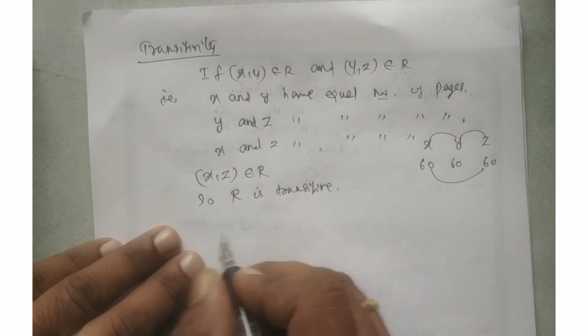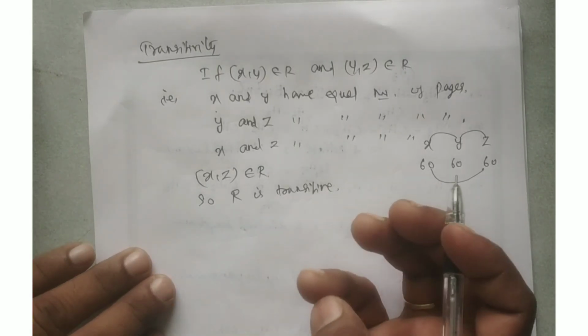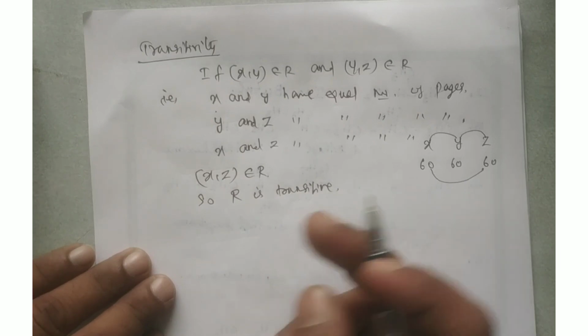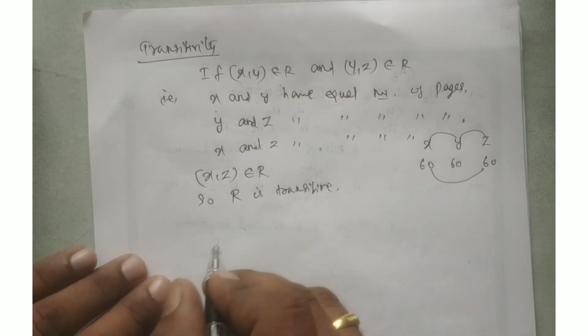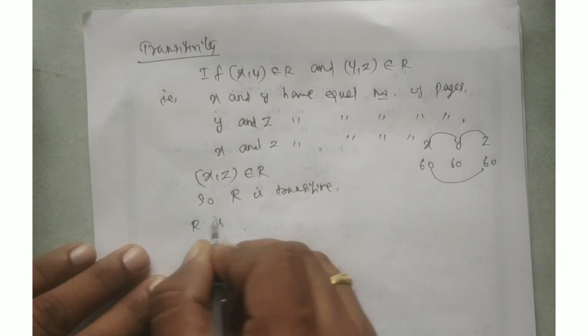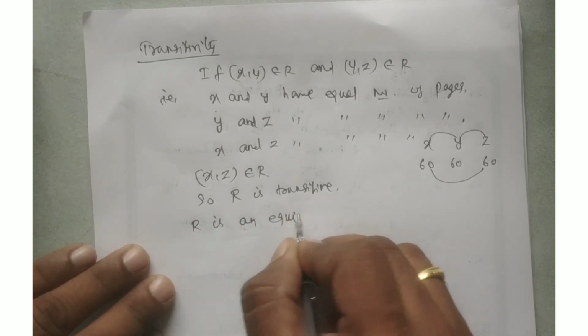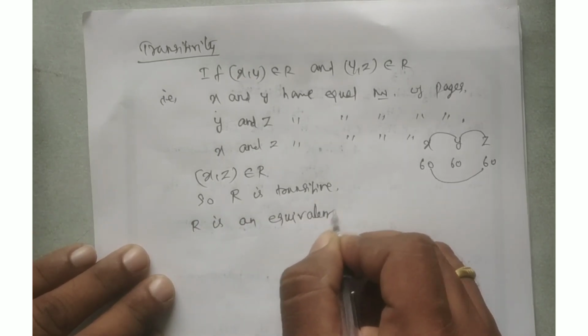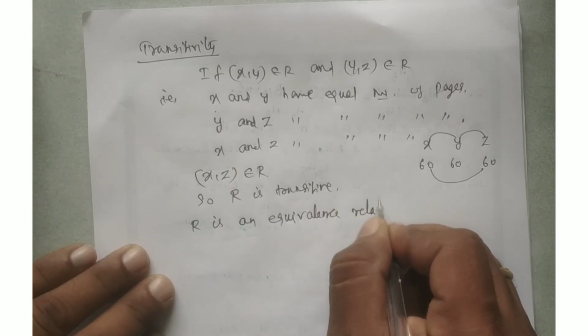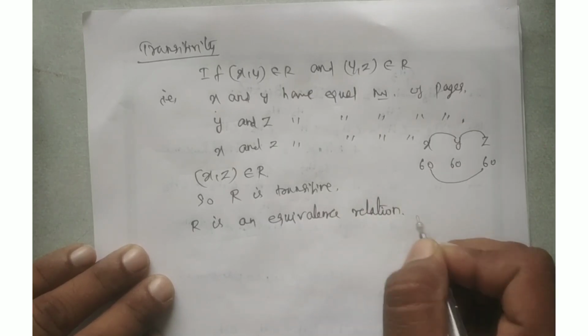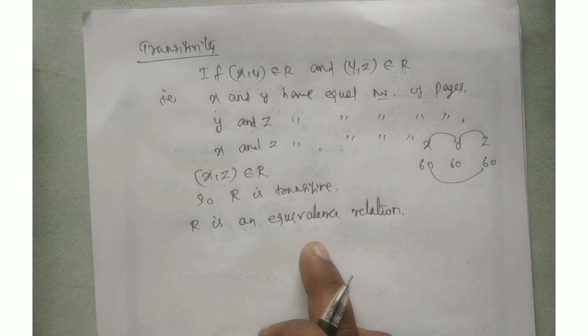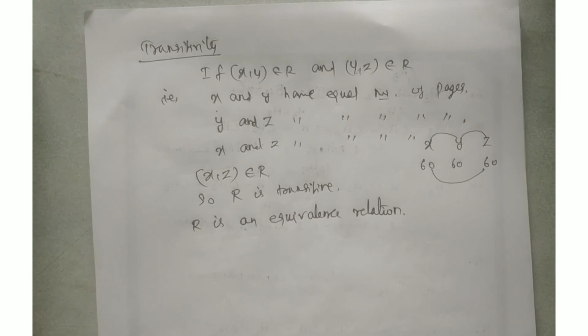So R is symmetric, reflexive, transitive; three properties are true, so I can say that R is an equivalence relation. A relation is an equivalence relation means it is reflexive, symmetric and transitive. Clear?